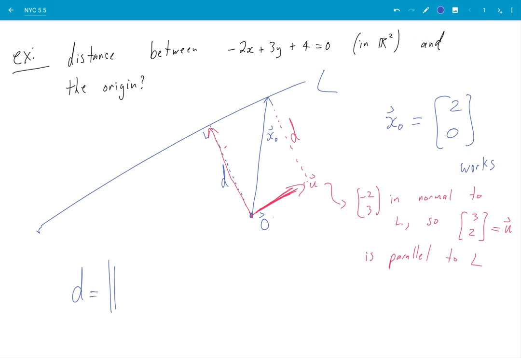I want the perpendicular, the length of a perpendicular onto u of the vector x0. Okay, because this would be the projection, and this is the perpendicular. Okay, what's that? So this is going to be x0 minus the projection.